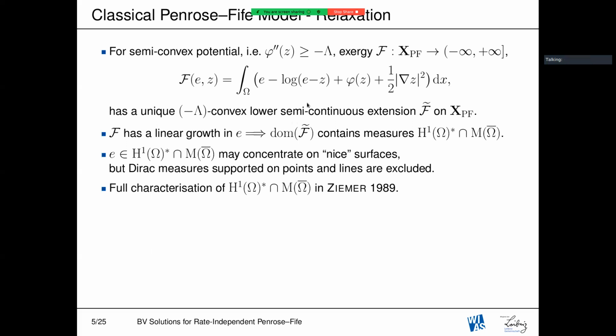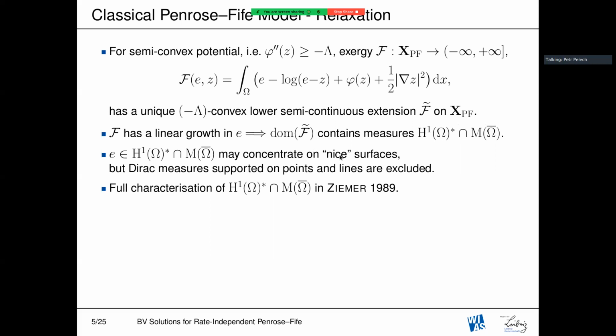We have a sequence bounded in L1, which means there is a subsequence converging weakly in measures, and not all of them are contained. Those spaces are just not subordinate in any sense. Only nice measures are considered, for example, measures concentrated on nice surfaces.